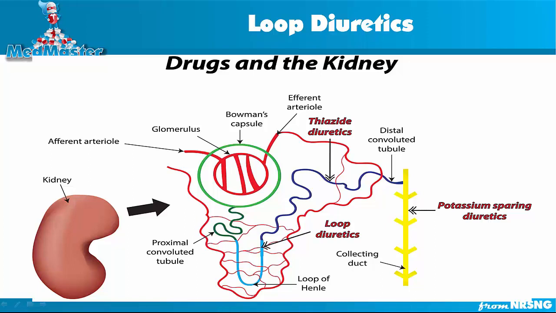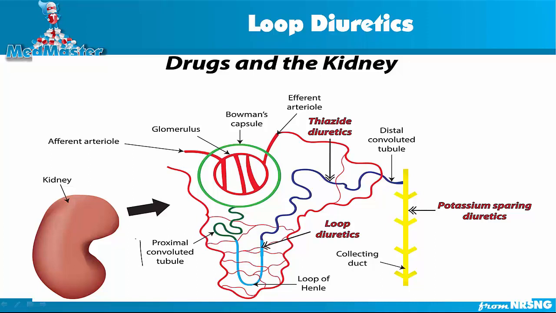However, we are interested in the reabsorption and excretion of sodium, potassium, and water. Before we go into the mechanism of action of loop diuretic, let's understand some parts of the nephron and where the sodium, water, and potassium reabsorption and excretion occurs.